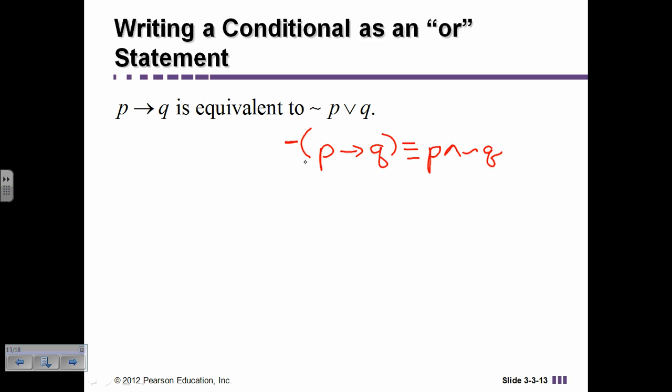So if I go through this, I want to try and make this into P implies Q instead. So I'm going to negate both sides. I'm going to negate this entire left side, and if I negate the left side, I have to negate the right-hand side.